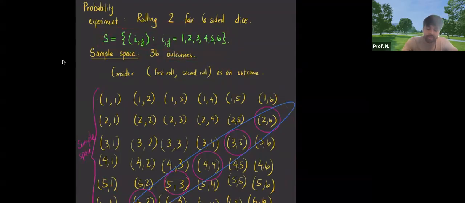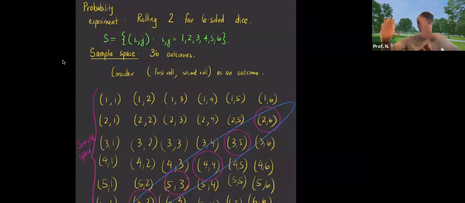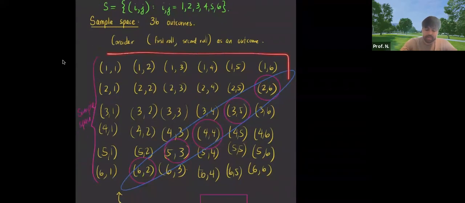Instead of writing this all out, I can just compact it down. I can say, I could be 1 through 6, J could be 1 through 6. All of those possibilities represent the full spectrum of my sample space.